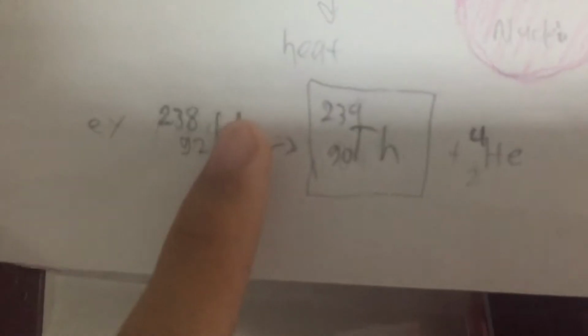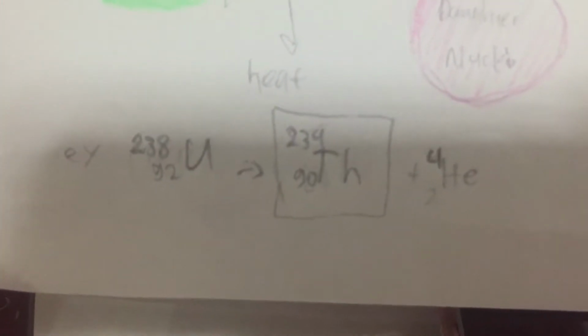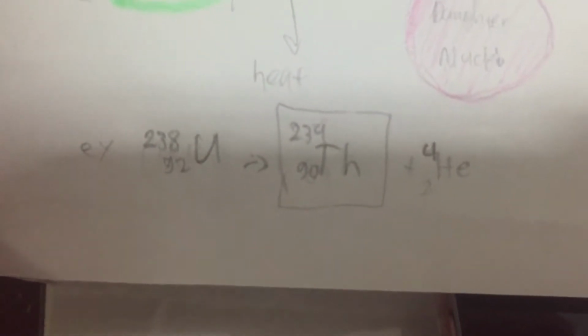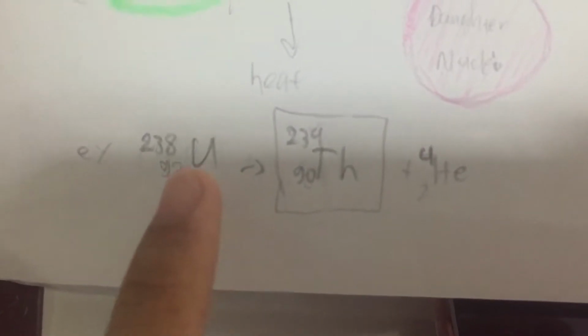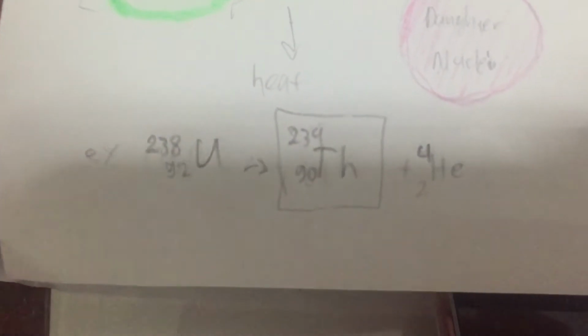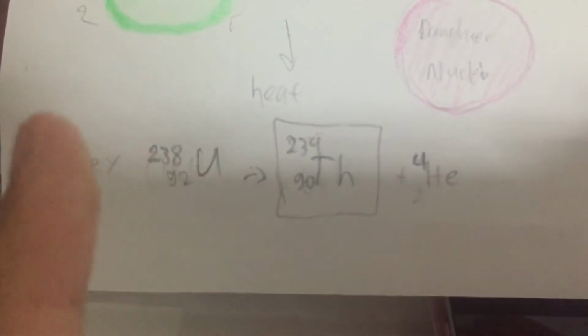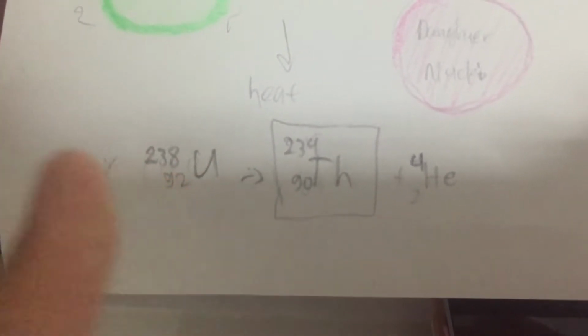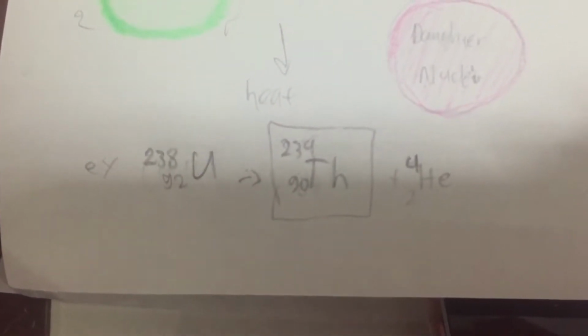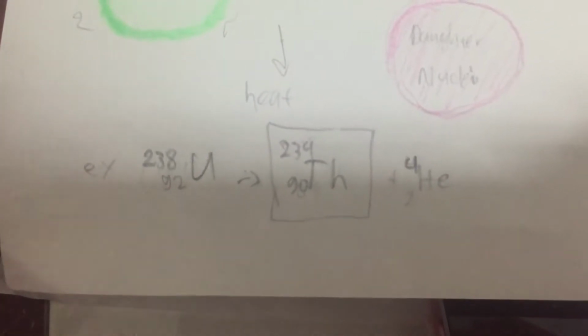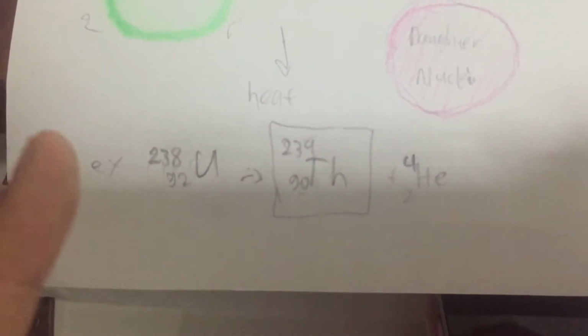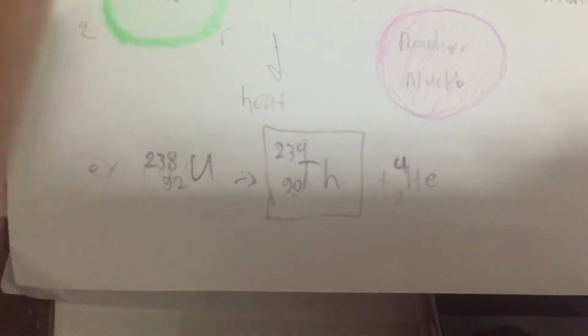For example, you can see here this is uranium-238, and it undergoes alpha decay when the uranium-238 tries to decay, taking a part off to balance itself.